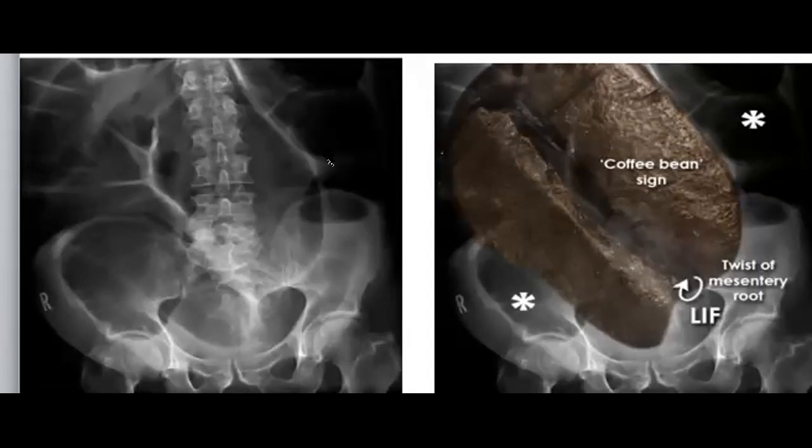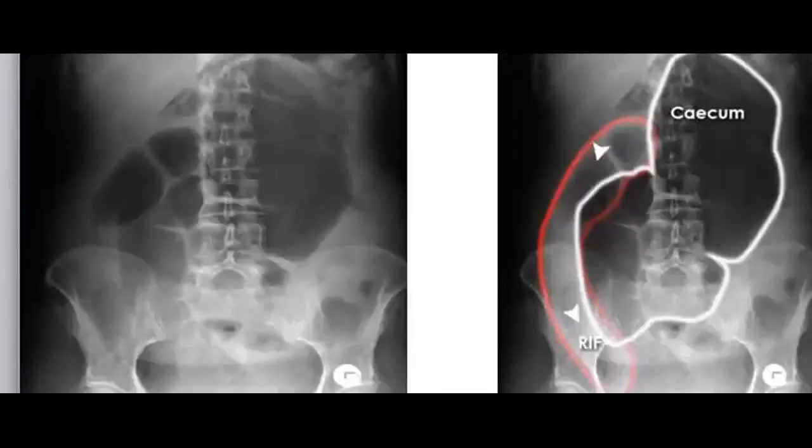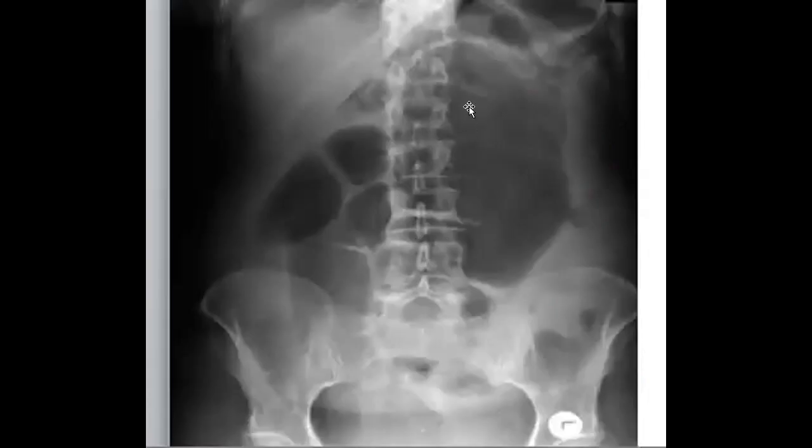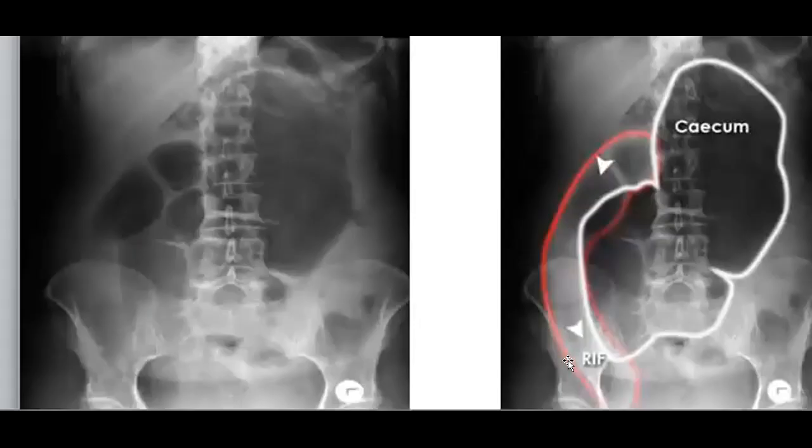Here you can see the proximal colonic dilatation. And this one is the cecal volvulus. If you check the right iliac fossa, you will find massive dilatation of the cecum.